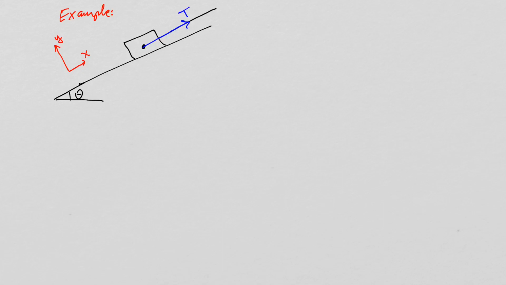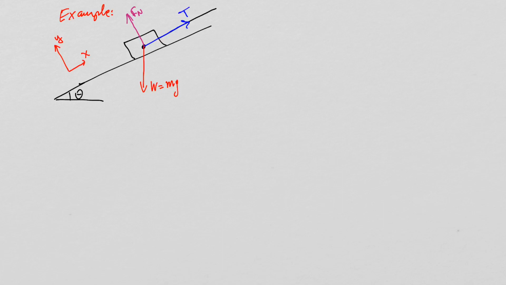So I already drew the tension force this way. Now the weight of the block is straight down towards the ground. And then, of course, there is the normal force with which the surface of the incline responds to the block. And the normal force is always perpendicular to that surface, so the normal force is directed like so.